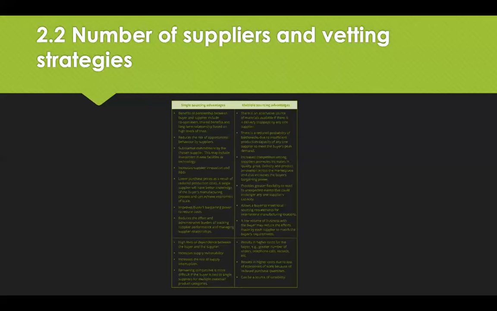But the downside is that you will have higher costs for the buyer because more calls, more phone calls, more meetings. Higher costs because you've lost the economies of scale, and can be a source again of variability.